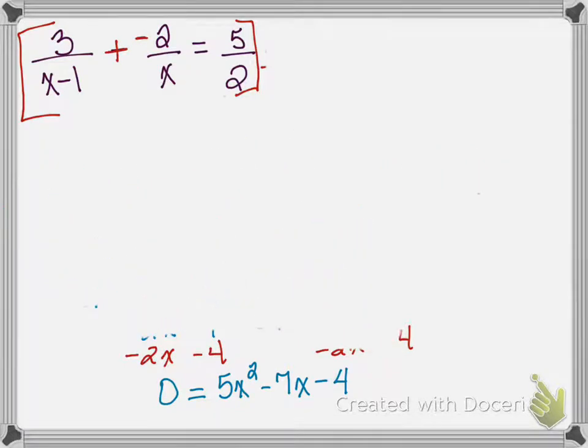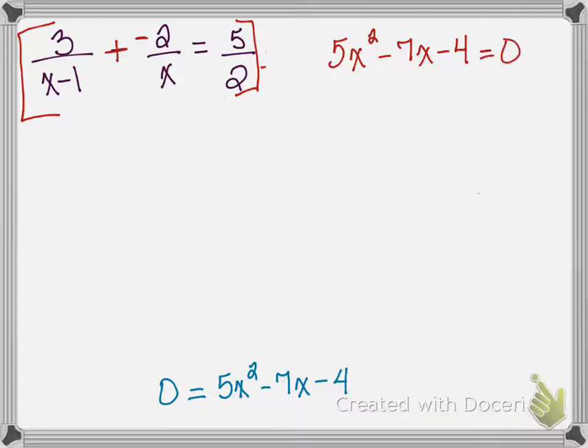I want to check and see if I can factor this. That is always a good idea. So I have 5x squared minus 7x minus 4 equals 0. Can I factor this? My product would be negative 20, my sum would be negative 7.